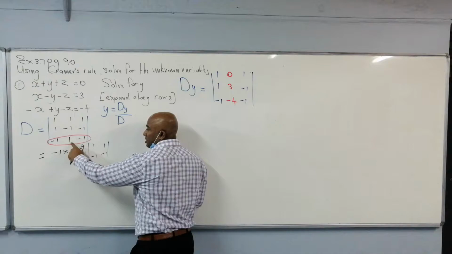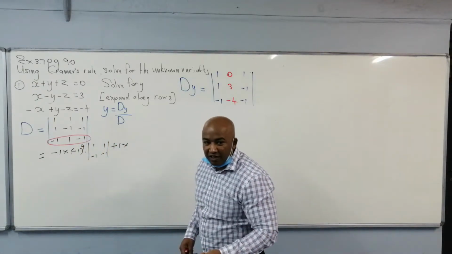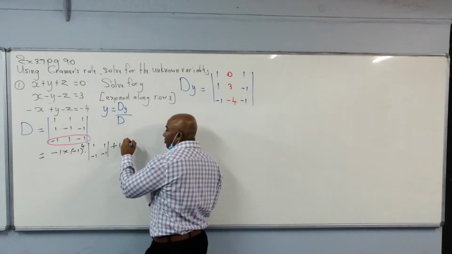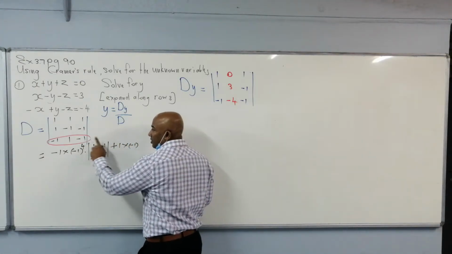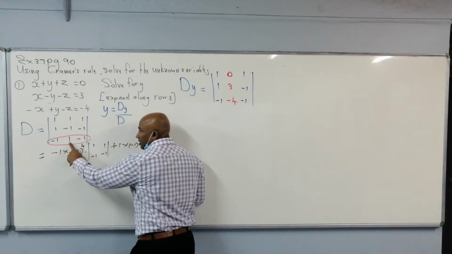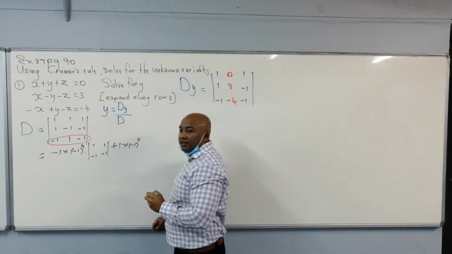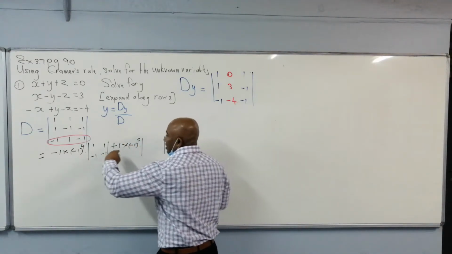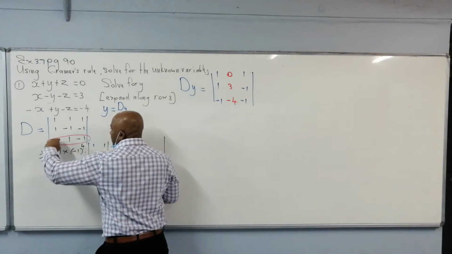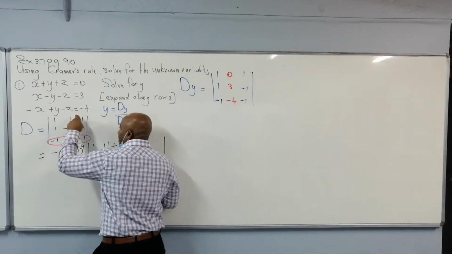The next number is a positive 1, so it's plus 1 times the cofactor of that 1. To find the cofactor, you go minus 1 to the power row plus column. Which row is this? Row 3. Which column? Column 2. So 3 plus 2 will give me 5. Times, now block the row, block the column, so we are left with 1, 1, 1, minus 1.